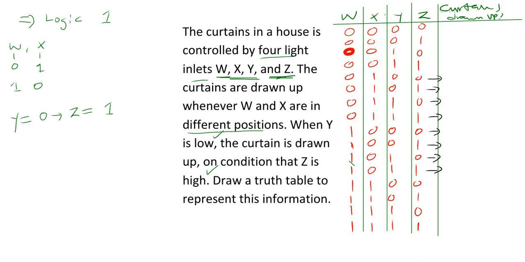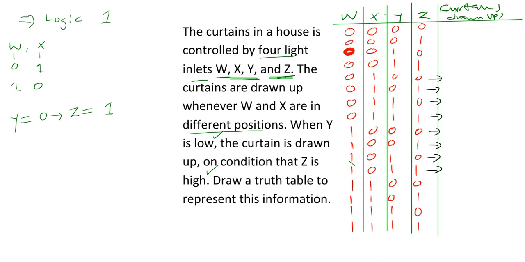With that condition met, the curtains are drawn up, meaning we have logic 1 at this point, but we have to consider the point where Y is low at that particular row. So let's consider this row.